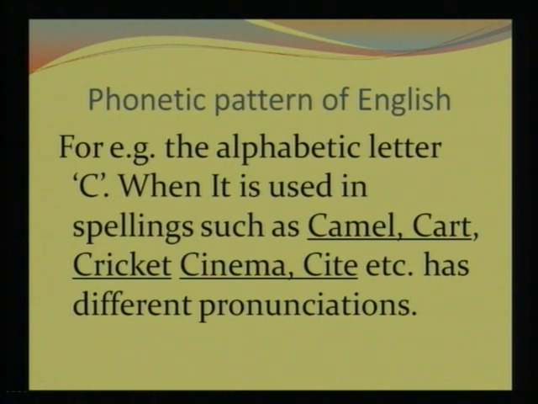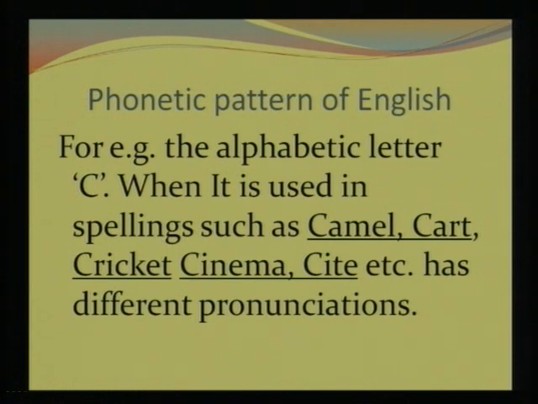And in the next two words, for example, cinema and sight, the same C is pronounced as S sound. Cinema, S, sight, S. So here you can notice the same letter C, when it is used in spellings and when we pronounce it, has two different pronunciations.